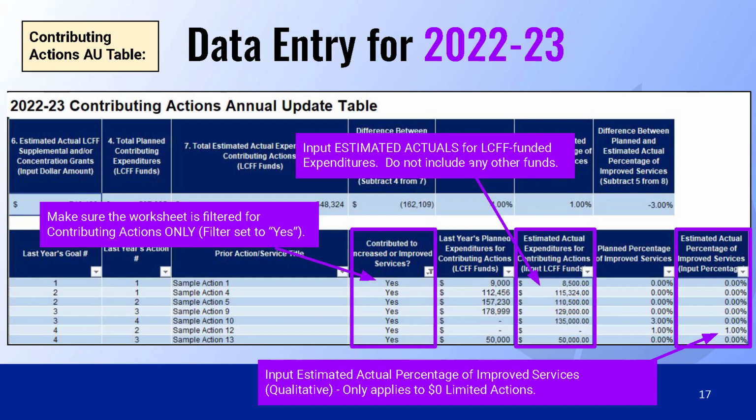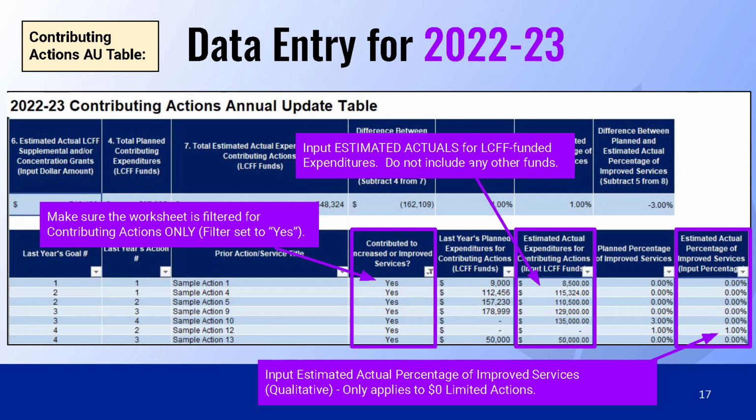Now, if you had planned percentages of improved services, you could also input in your estimated actual percent to improve services. That only applies to actions that are contributing and that had zero funds budgeted for them.